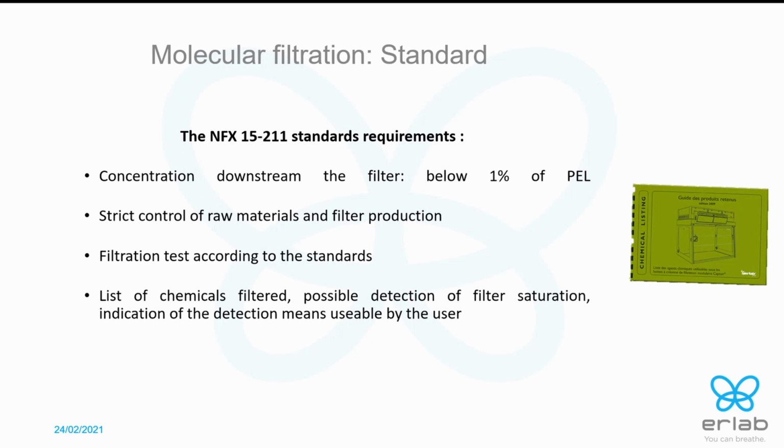So basically we will measure the quality of the air downstream of the filter, and to be qualified as an efficient filter according to this standard, we will need to find less than 1% of the PEL of the target chemical. Also these standards speak about the control of the raw material and the production of the filter. I will show you in the next slide how we do this at Erlab.